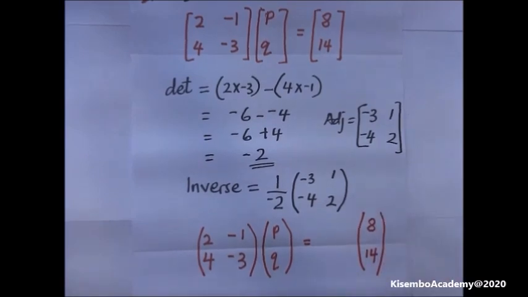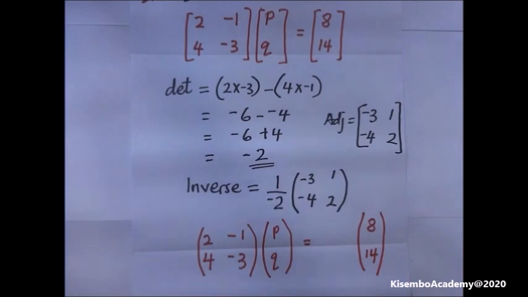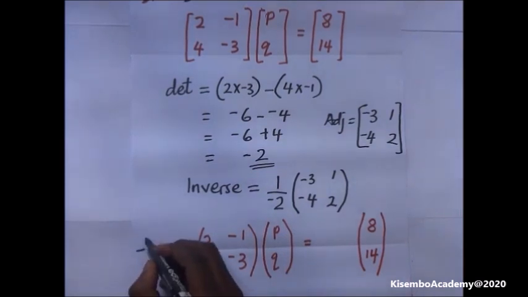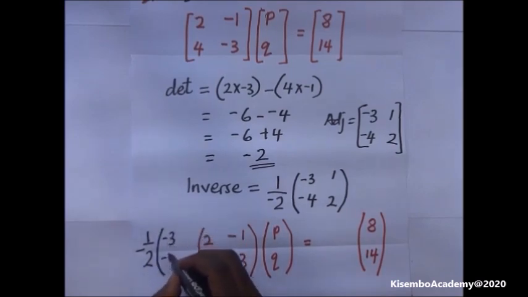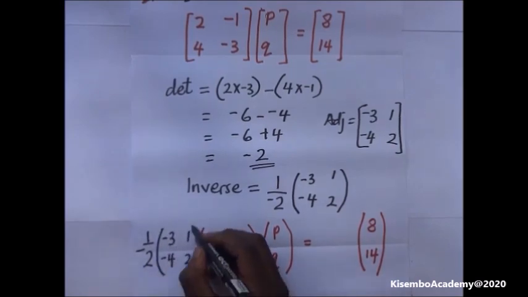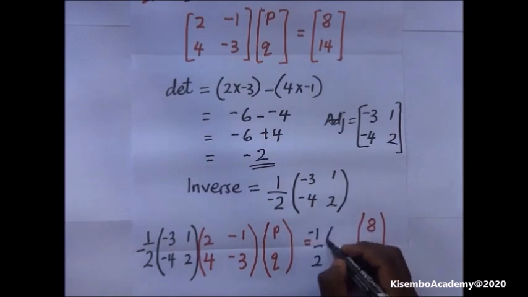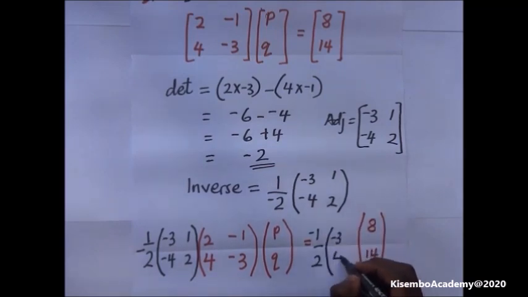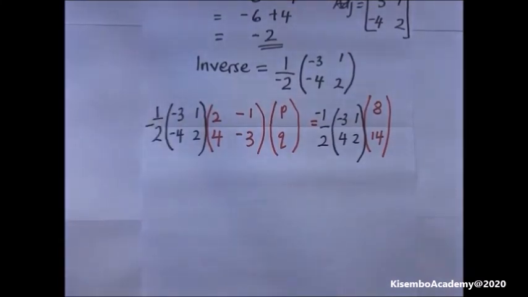So we are supposed to multiply this inverse on both sides. Multiplying that is going to give us -1/2 into -3, -4, 1, 2 times that, which gives 1 over 2, this is negative, into -3, 4, 1, 2, like that. And then the rest is matrix multiplication, and we get our answer.